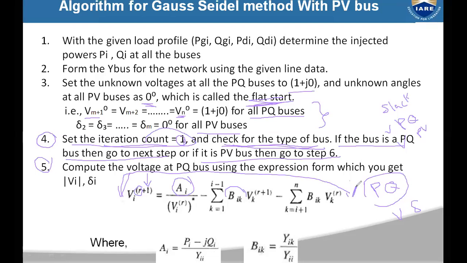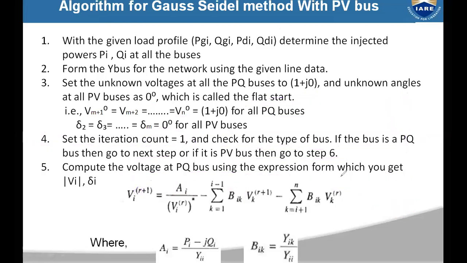We discussed it in the last class itself, so you have to remember that equation. When you substitute all the values in the right hand side of this equation, you have to use the most recently updated values.